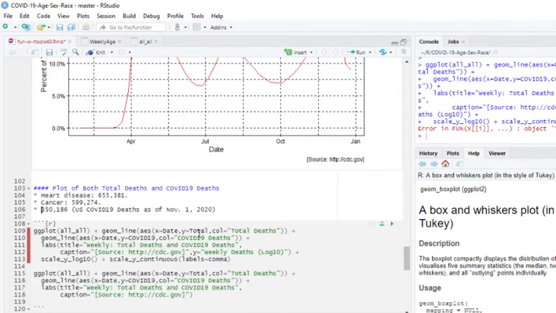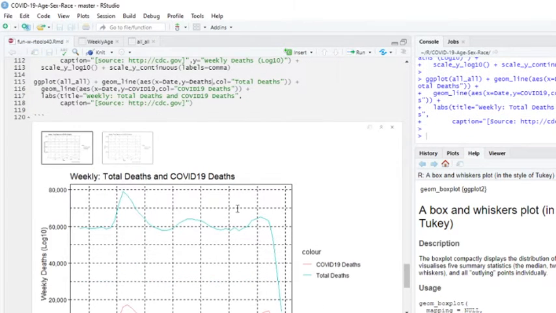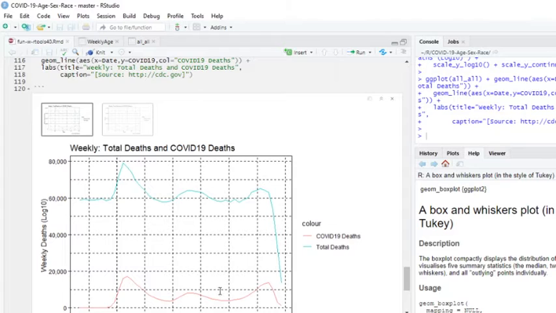Okay, so we look here, and this is the total deaths plotted on top of the COVID-19 deaths.